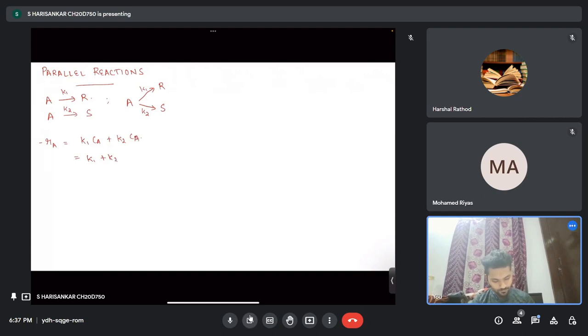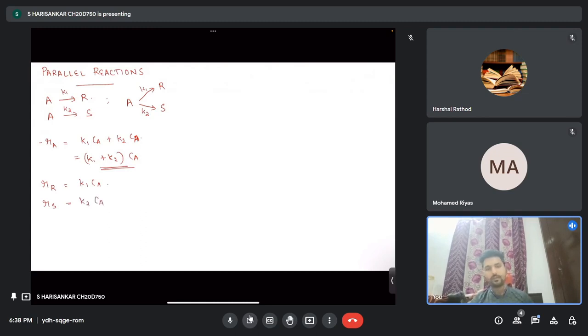Okay, and let's say the rate of formation of R will be K1 CA, and the rate of formation of S will be K2 CA.